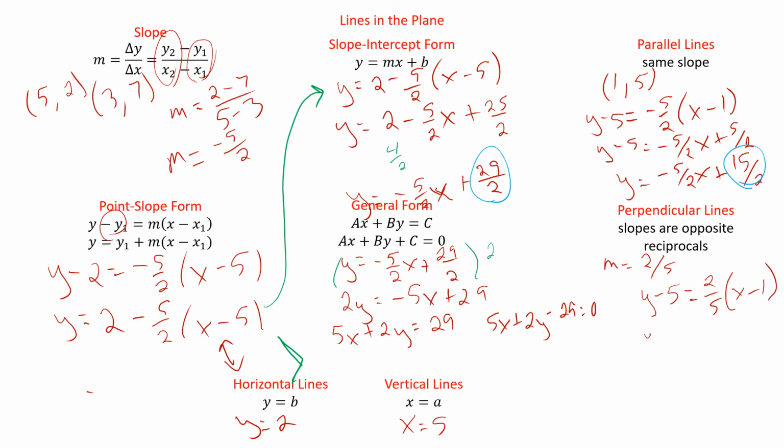Distribute the 2/5. y minus 5 equals 2/5 x minus 2/5. Add the 5 over. And 5 would be 25/5 minus 2/5, which is 23/5. So we have y equals 2/5 x plus 23/5 as the line perpendicular to this one that goes through the point (1, 5).